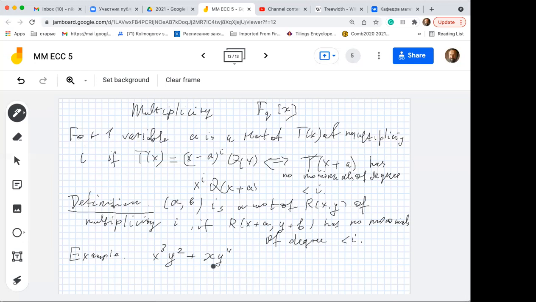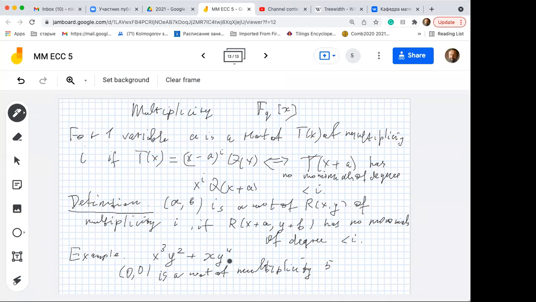And that root has multiplicity 5, because this polynomial has no terms of degree less than 5.